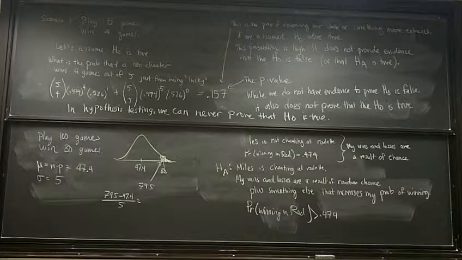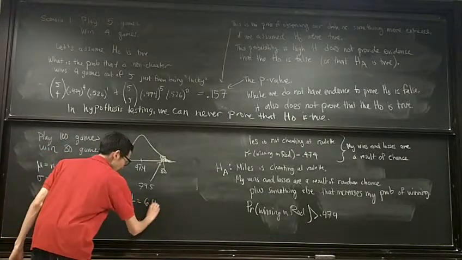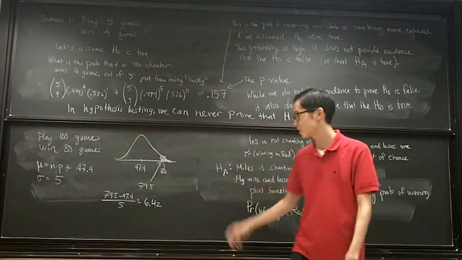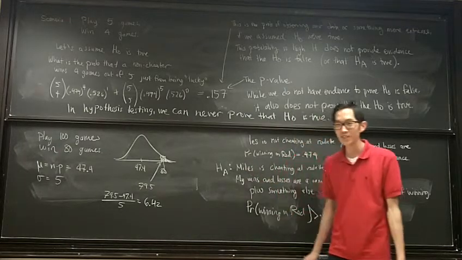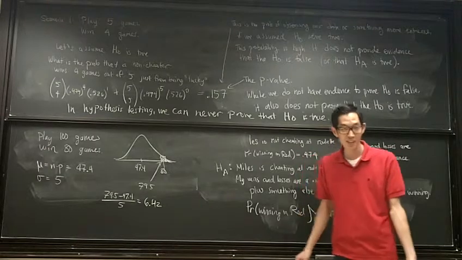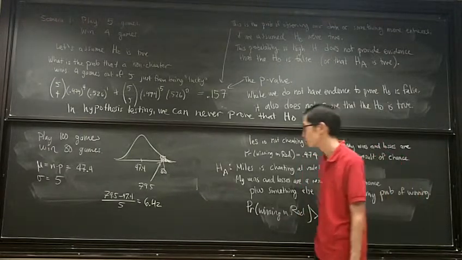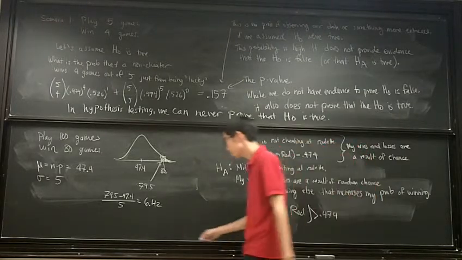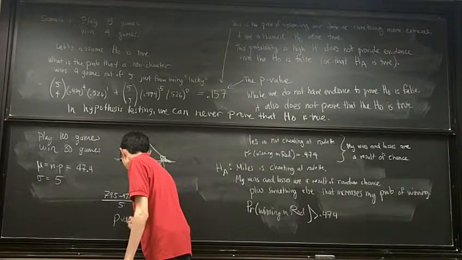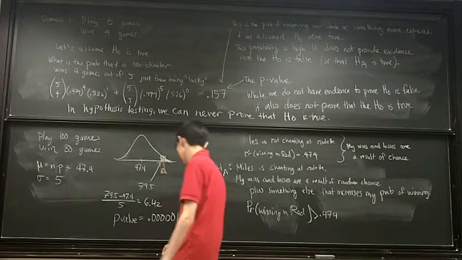I've got a z-score of about 6.4, 6.5. What's the probability of seeing a z-score 6 standard deviations away from the mean? It's like 1 in a million. Okay, 1 in a million. So my p-value in this case would be, let's just say, 1 in a million.